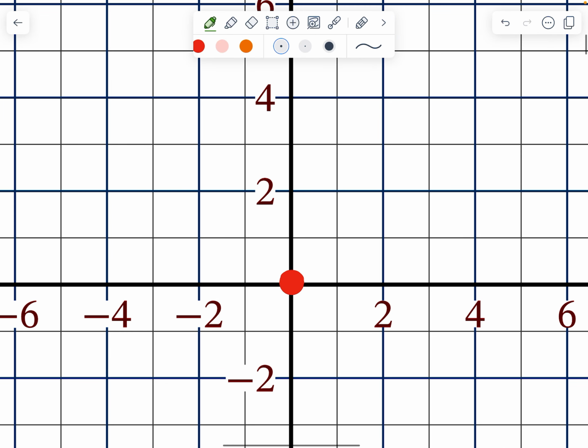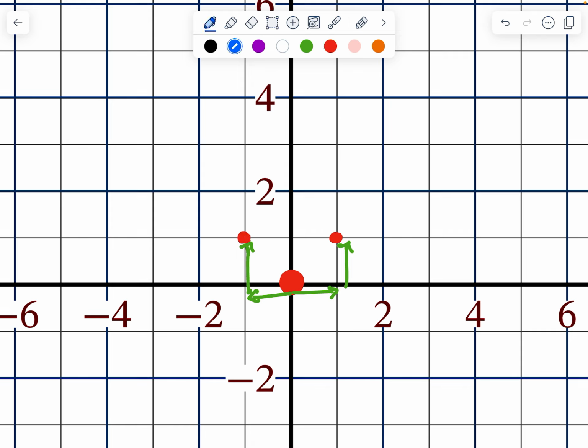So the way we're going to look at it is like this. Over 1, up 1, and that gets you to your next point. And you do the same thing on the other side. Over 1, up 1.